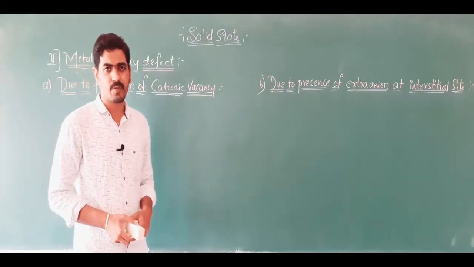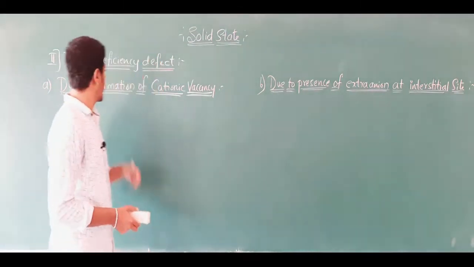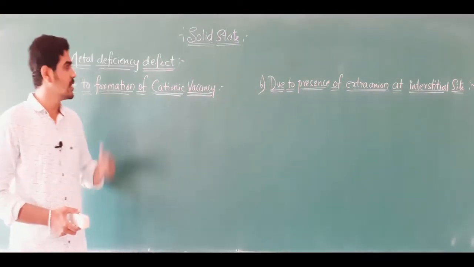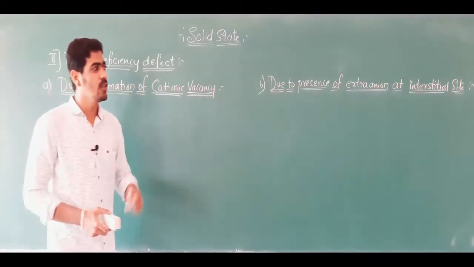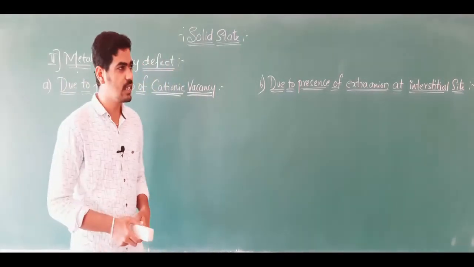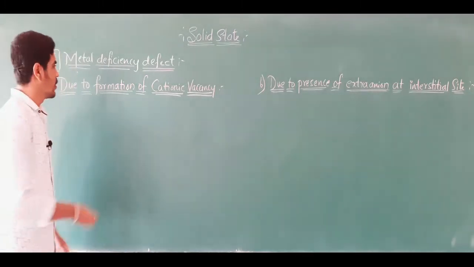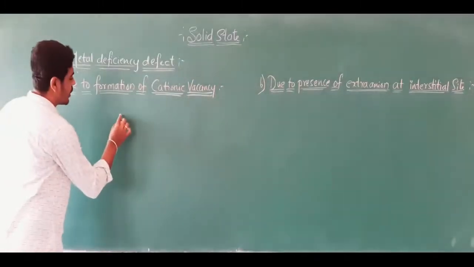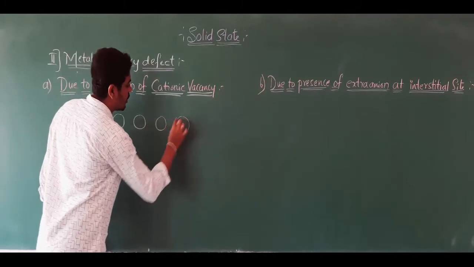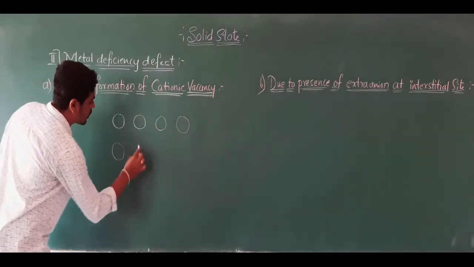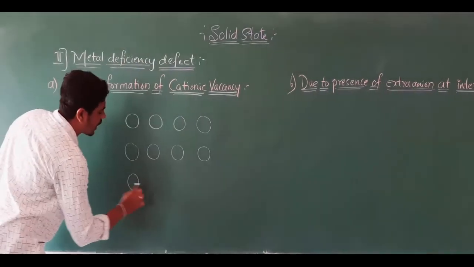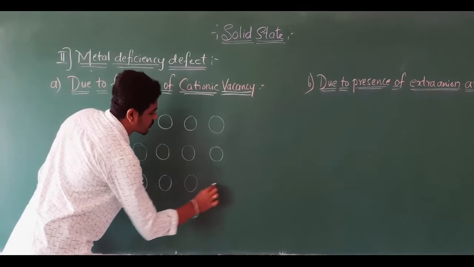These are the two reasons which lead to metal deficiency defect in the crystal lattice. We will discuss how the formation of cationic vacancy causes this defect and how the presence of extra anion causes the metal deficiency defect. First let us consider a crystal lattice of an ionic crystal which consists of positive and negative ions, that is cations and anions.